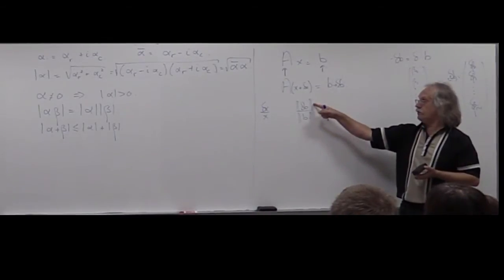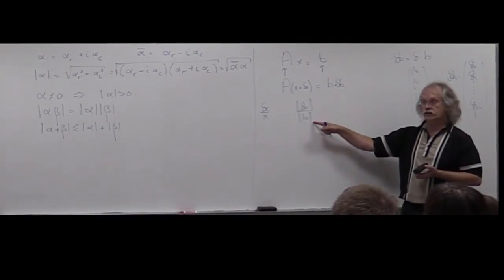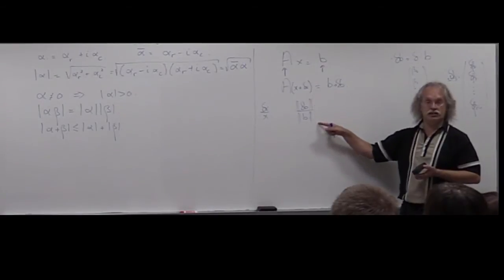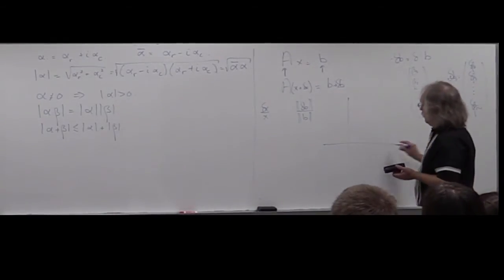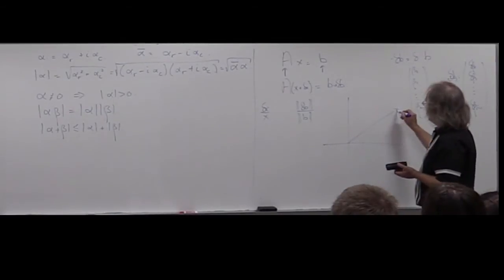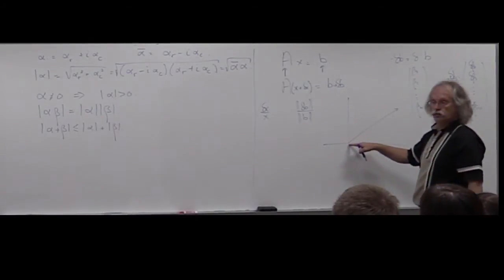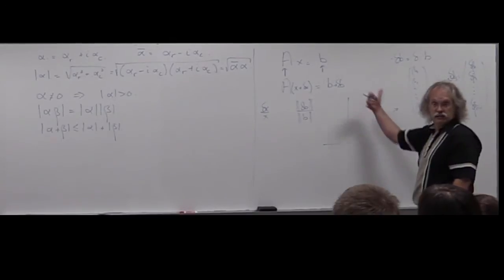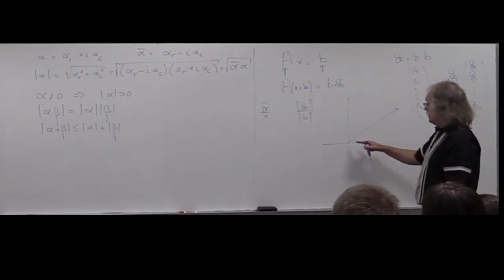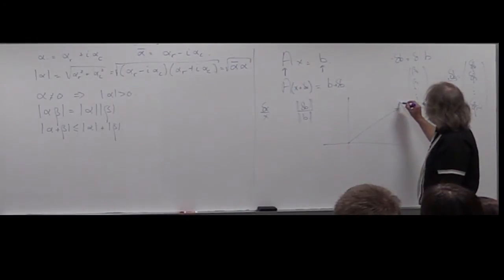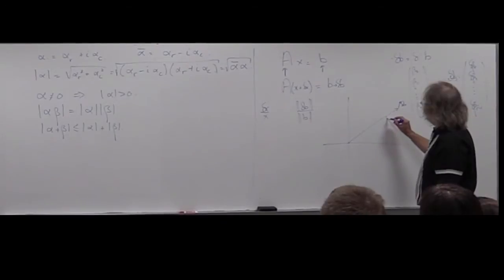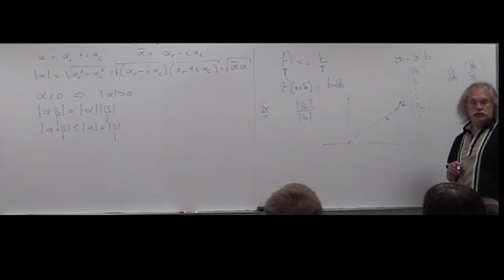If the length of this vector is small relative to that vector, then you know you have only slightly changed your vector. Because what happens then? A vector you can visualize as some arrow. Now it doesn't need to start at the origin because a vector doesn't have locality, but it's convenient to place it there. If you then do a small perturbation of that vector, that would be something like that.